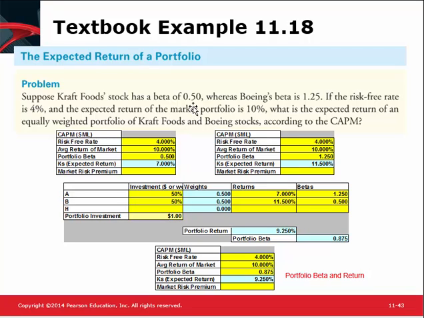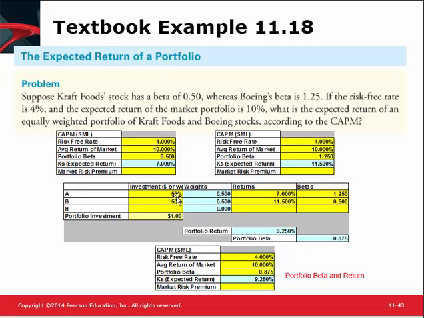Let's say we're going to put 50% of our money into Kraft, and the beta of Kraft is 0.5, and Boeing's beta is 1.25. The risk-free rate is 4%, and 10% is the rate of return on the stock market. So we want to know, if you have equally weighted portfolios, what should the return on the stock be?